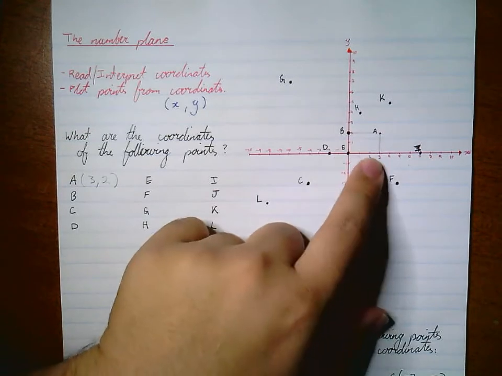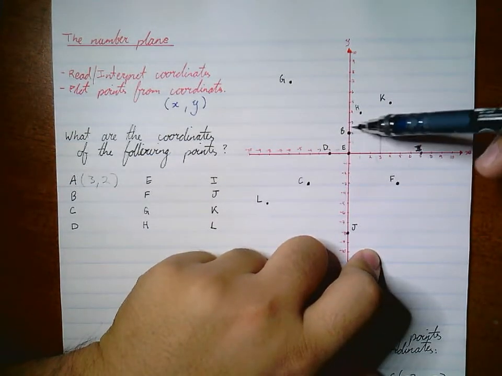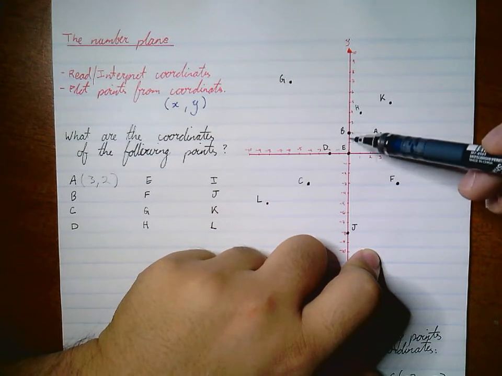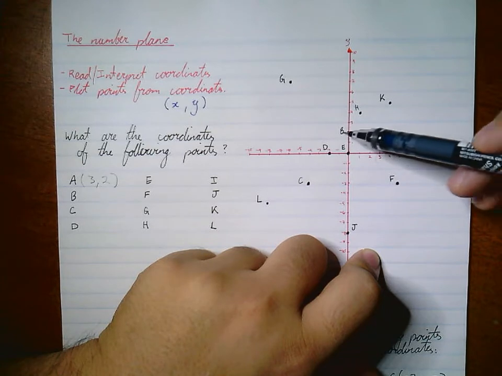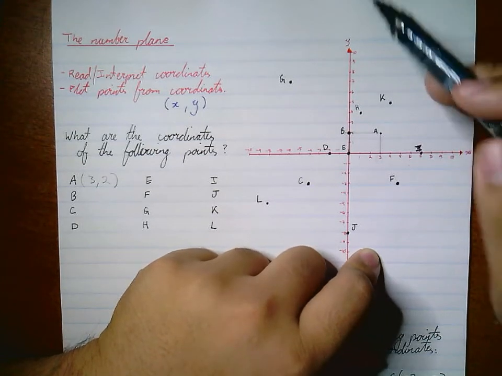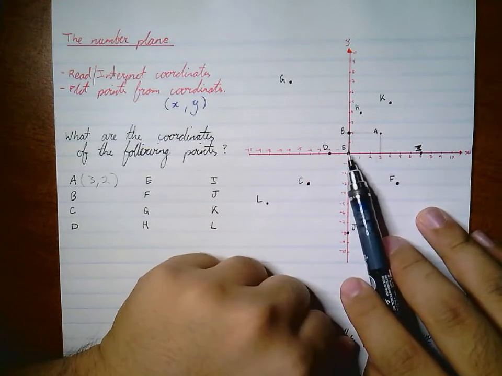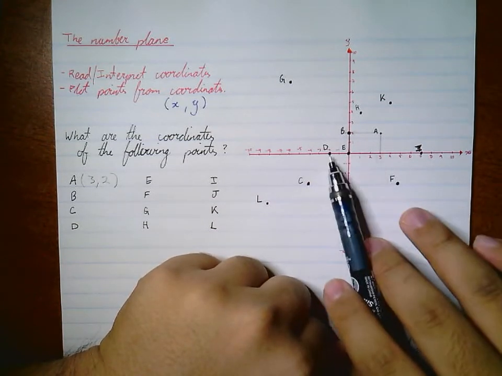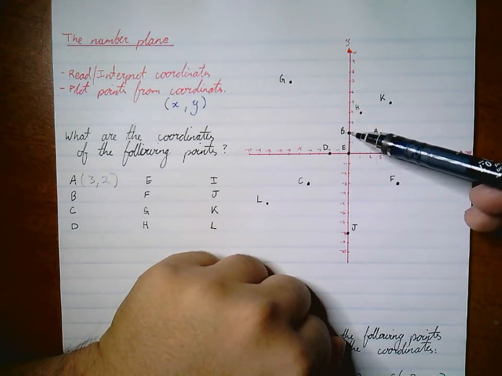Okay, let's keep going. Point B, there it is. If we draw the lines, we have a 0, because remember this point here is 0, 0 because it has neither moved left or right nor up or down.